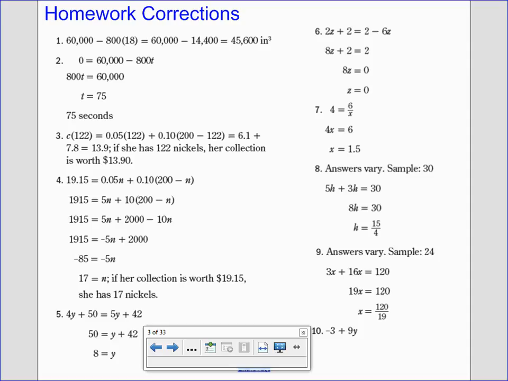9, x is 120/19. You could change that to a decimal. All right, that would be a little bit over 6. And then 10, negative 3 plus 9y.